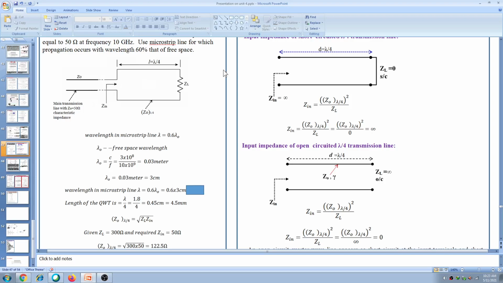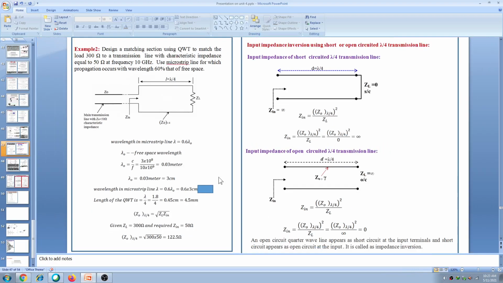So this is the problem and the solution to that problem. In the examination this kind of question may come. You have to design a quarter wave transformer. They will specify the wavelength in the particular transmission line. That again we will be studying in the 4th or 3rd unit, where we will see the wavelength in different transmission lines.